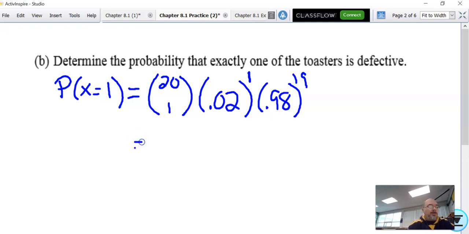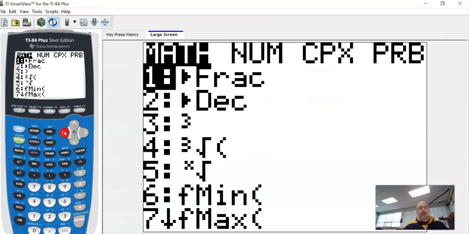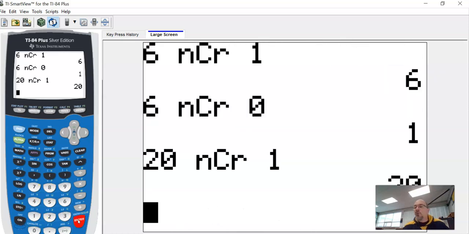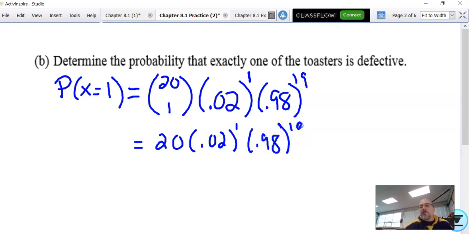Now, if you type that in, ladies and gentlemen, the 20 combination 1 is going to be 20. There's 20 ways that can happen, times 0.02 to the first power, times 0.98 to the 19th power.